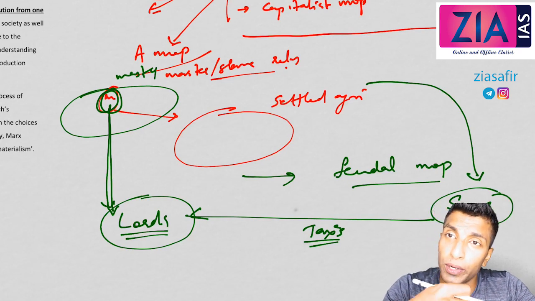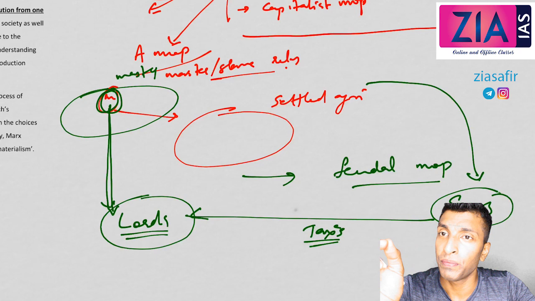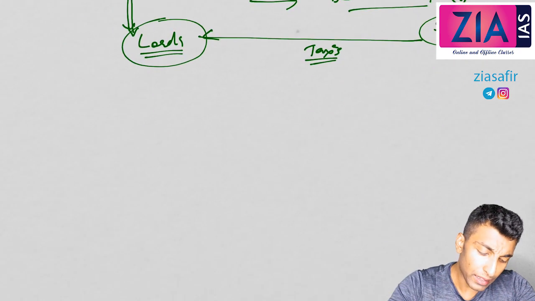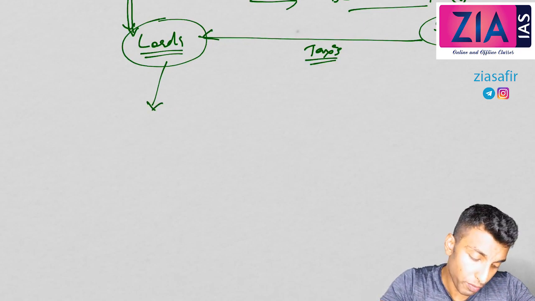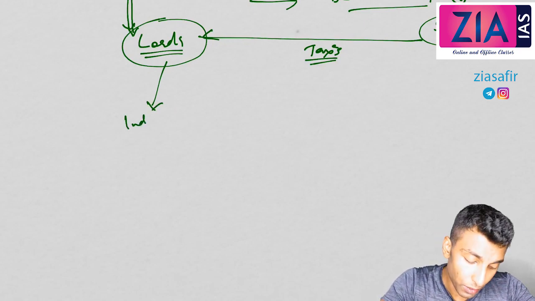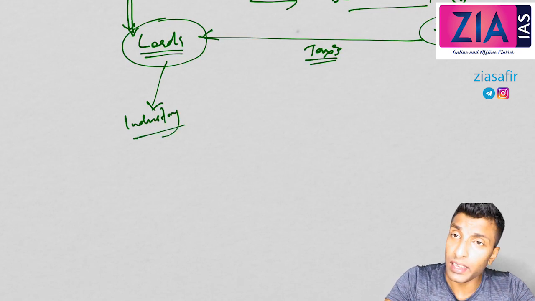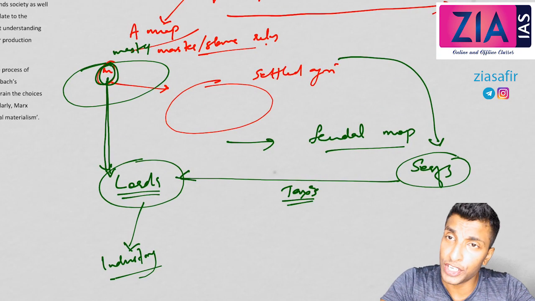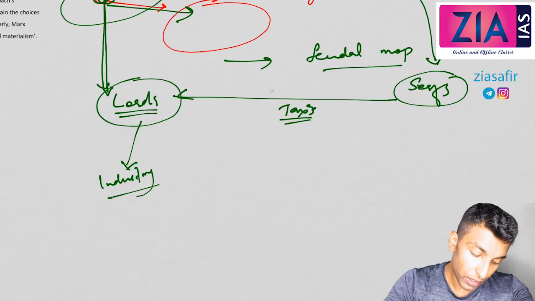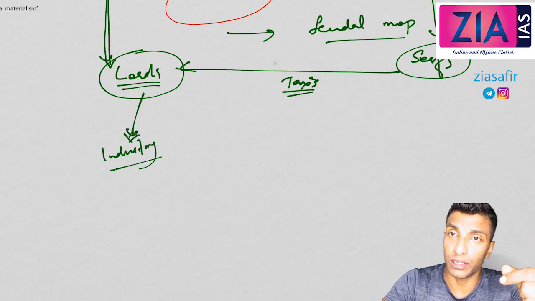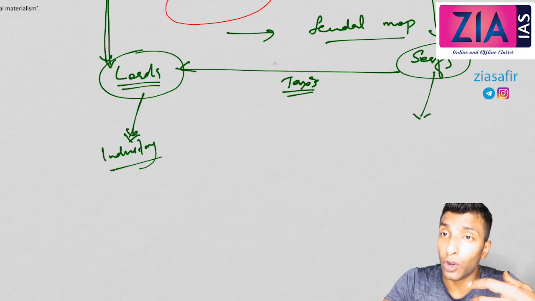And when this exploitation reaches its peak, the serfs will revolt. Okay, by this time there is an alternate setup that has emerged, not a mode of production, that is related to industry. You can see here already when it was in ancient mode of production, settled agriculture emerged. So actually the slaves had an option to go to this. Here also now industry is emerging, so serfs have another option now.